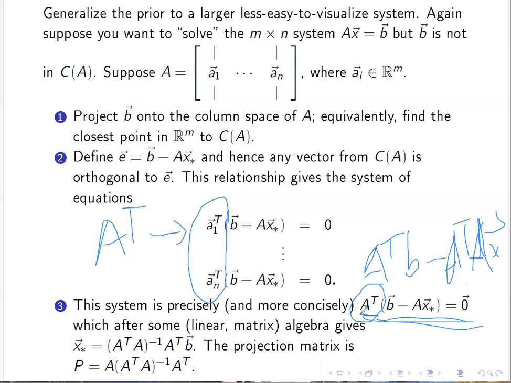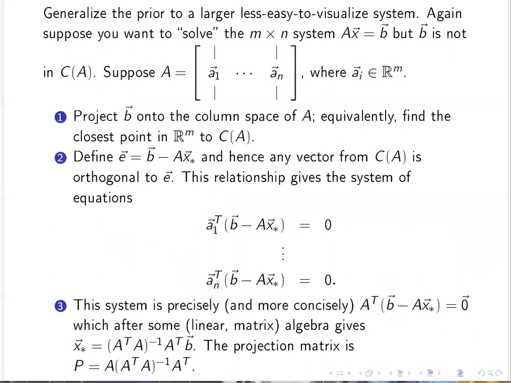That's what happens if I multiply it in here. I can move this to the other side. And what I find out, in essence, is that if I multiply both sides by A transpose, it becomes something that I actually can solve. This is kind of strange and weird, and it messes with our heads. In fact, the solution is this, because we're taking the inverse of a matrix, and it's invertible. And how do I know it's invertible? A whole bunch of other stuff. I won't get into that right now.